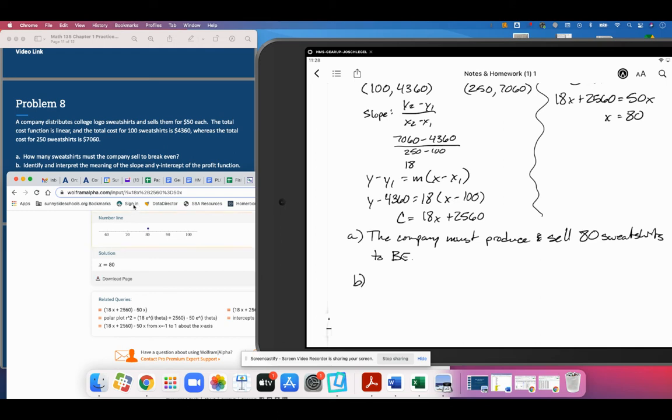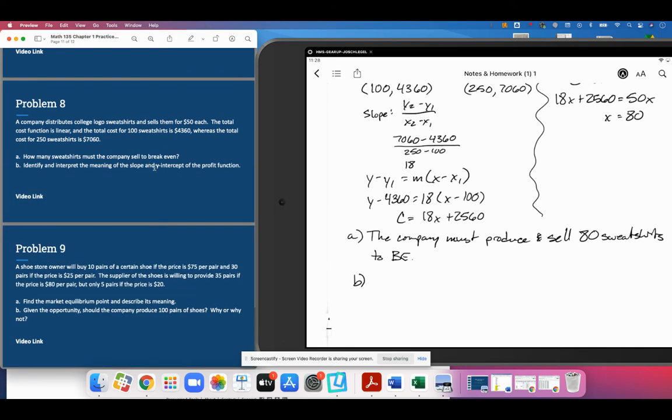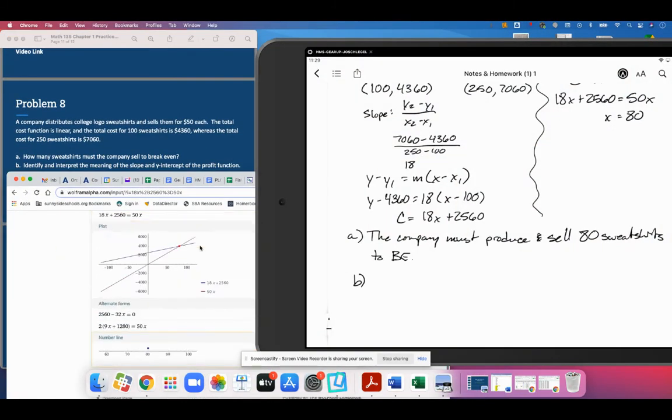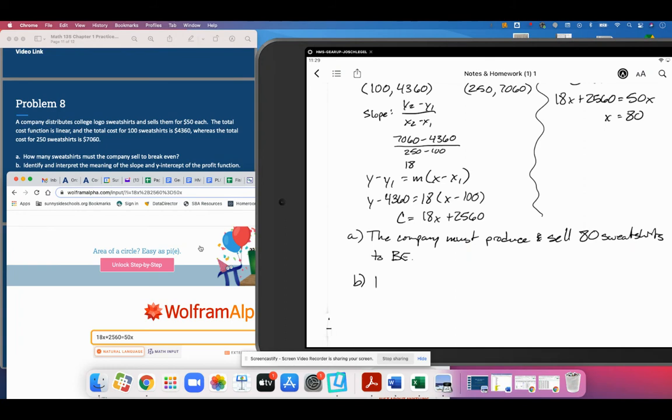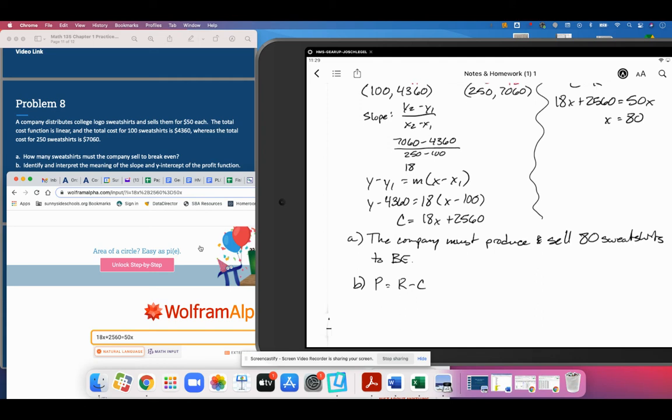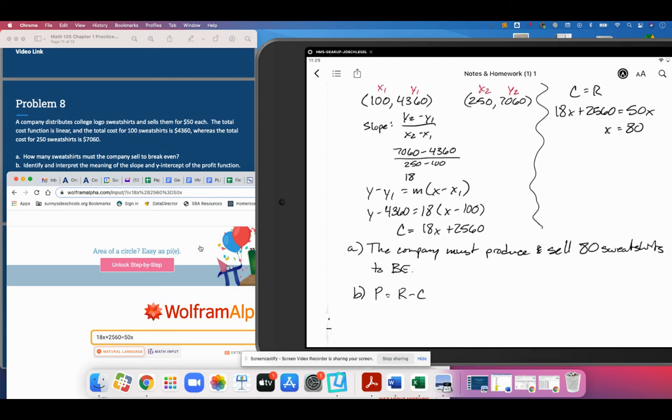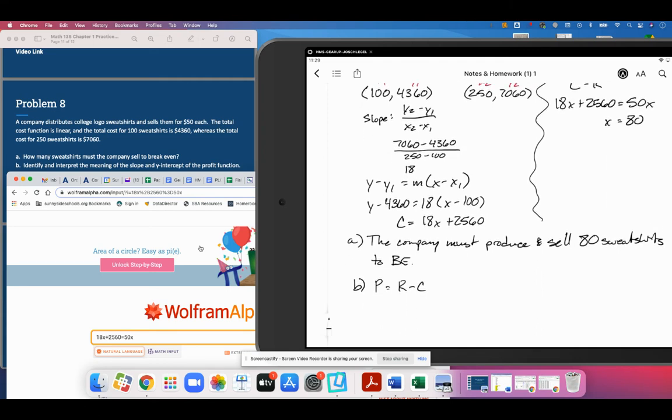And for part B, we're asked to identify and interpret the meaning of the slope and y-intercept of the profit function. And so in order to get a profit function, everyone, we need to remember that profit is equal to revenue minus cost. And so we can use our revenue function and our cost function up here to fill that in. So we would have profit is equal to 50x minus, and remember to always put a parenthesis there, 18x plus 25.60.